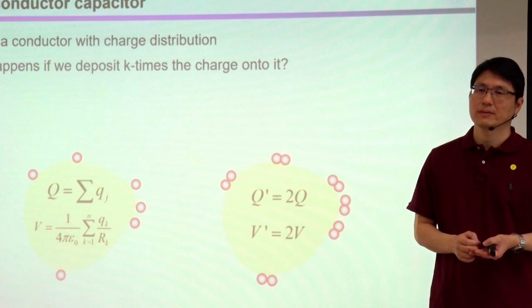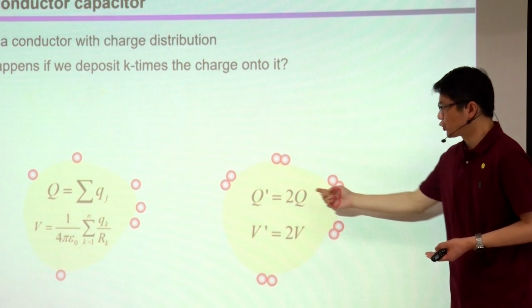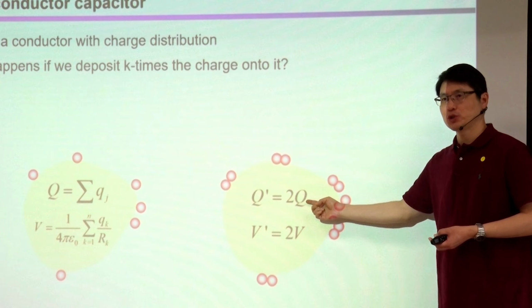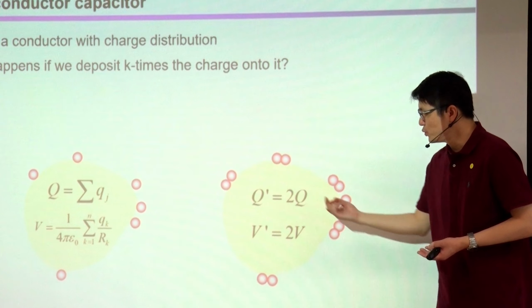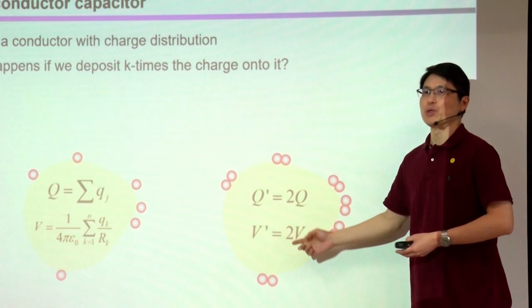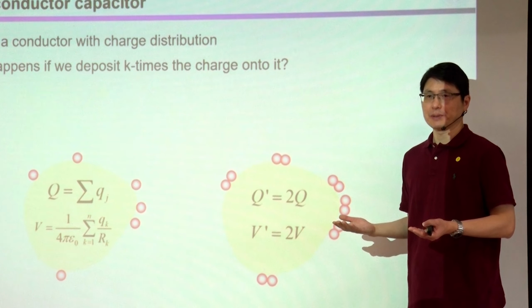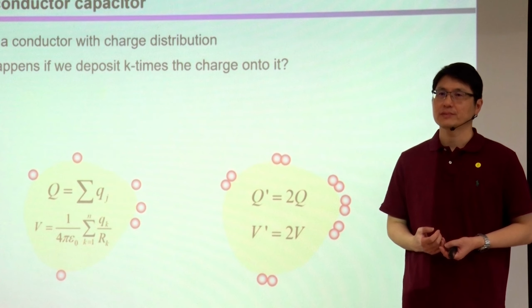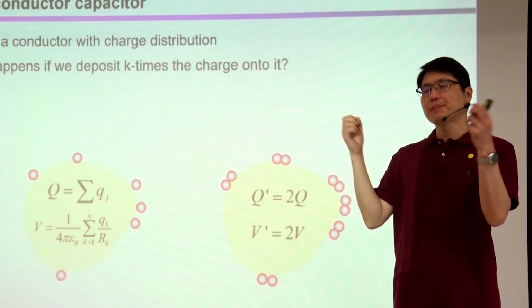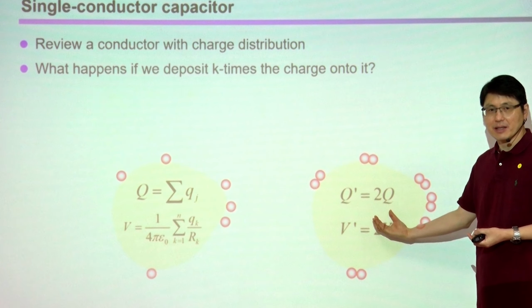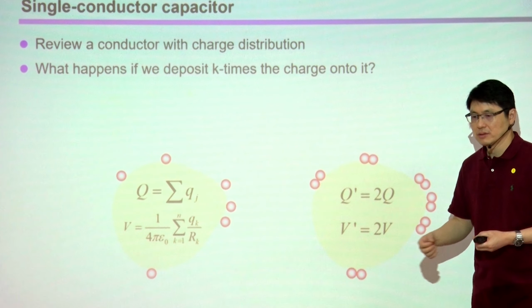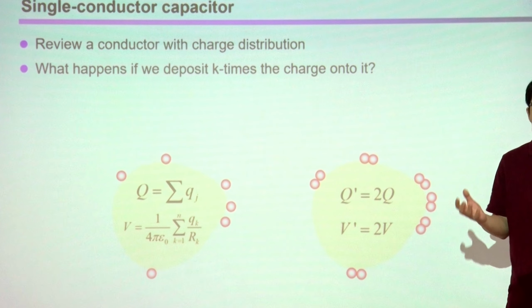Okay? So what happens if you triple the amount of charge? Do you need to calculate again? In the ideal case, you triple the amount of charge, you triple your electric potential. Right? Because you are depositing charges onto the same metal. And that metal is acting like a capacitor.